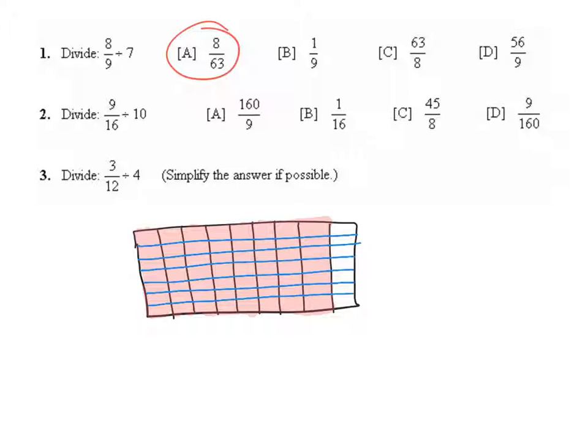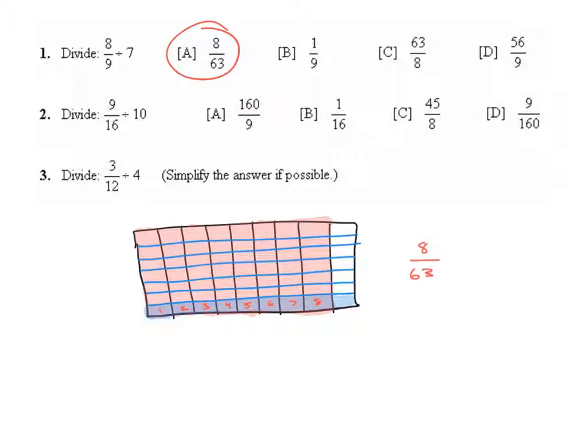And I only want 1/7 of them, so I'm going to shade 1/7. The part that is double shaded is my answer here. So I have 1, 2, 3, 4, 5, 6, 7, 8 pieces out of 63 total, or 8/63.